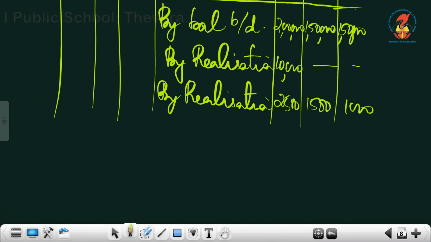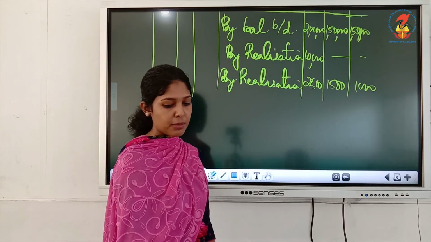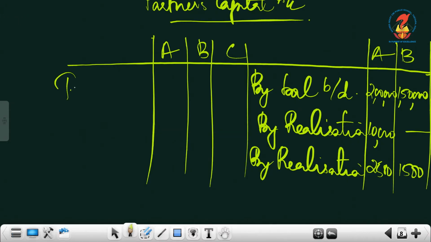Then see the other side, the credit side. Credit side you have by B, by C. So take it to the opposite side. Just transfer to the opposite side. That is enough. For that you need not be intelligent. You just have to copy paste 55 and 4 lakhs.